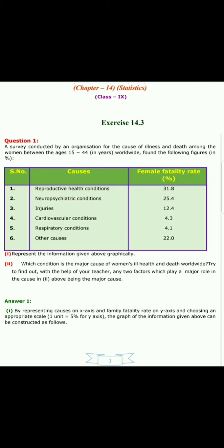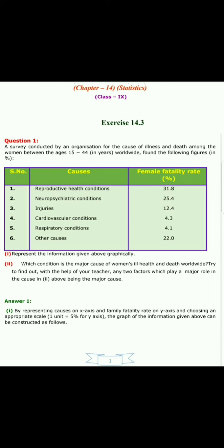Our first question is: a survey conducted by an organization for the cause of illness and death among women between the ages of 15 to 44 years worldwide found the following figures in percentage.